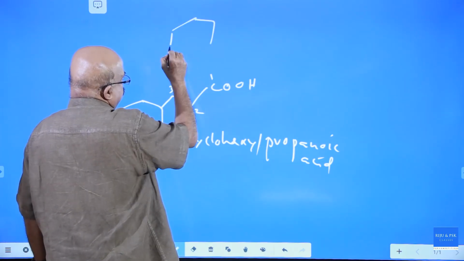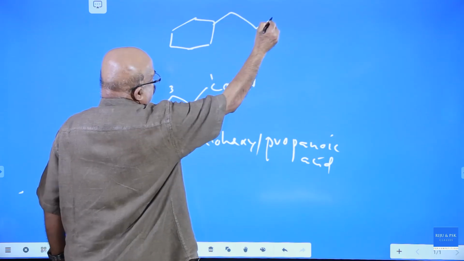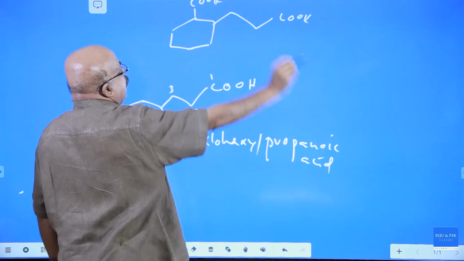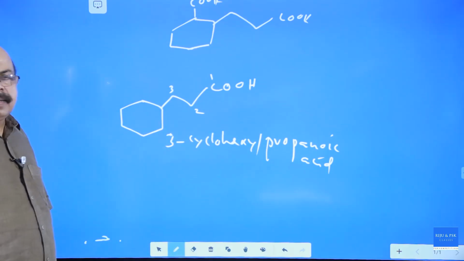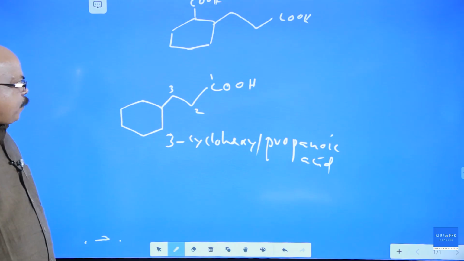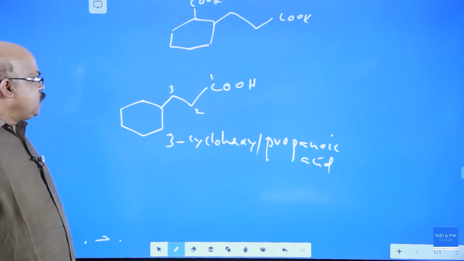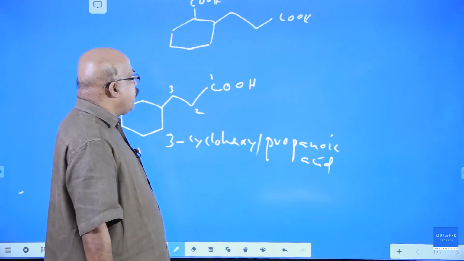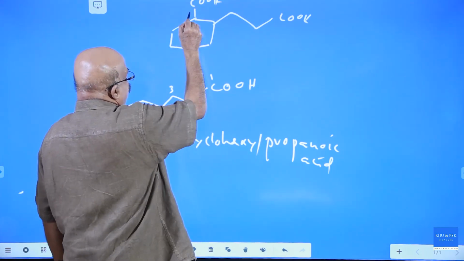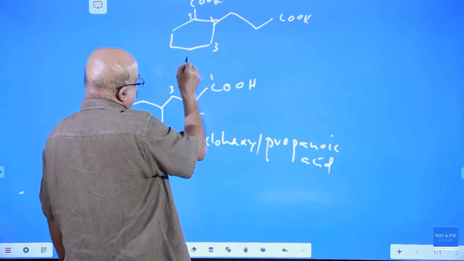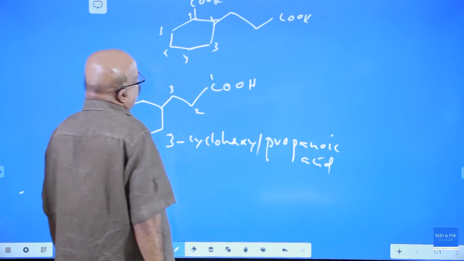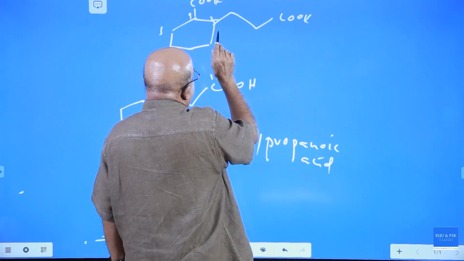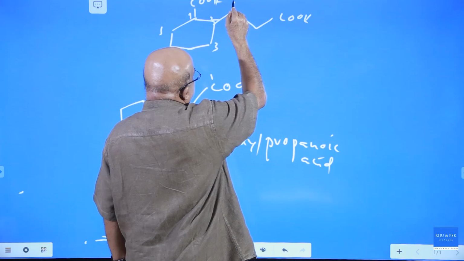Here 6 carbon atoms are in the ring, 3 carbon atoms are in the side chain, and both contain the same functional group. In such a case, the ring should be treated as the main chain. It is the parent, 1, 2, 3, 4, 5, 6. The second carbon atom of the ring has a side chain, that is 1, 2, 3.